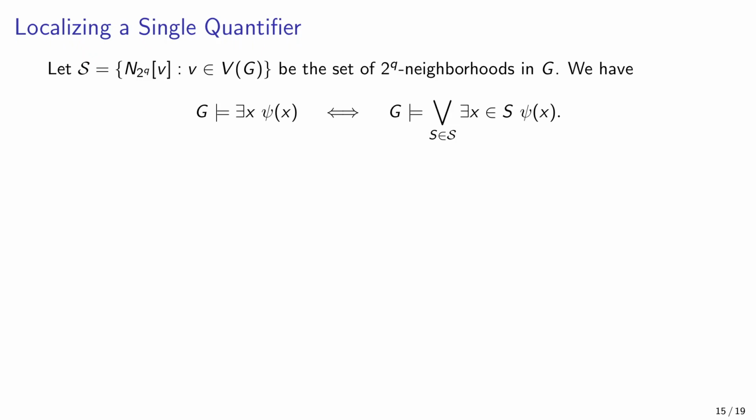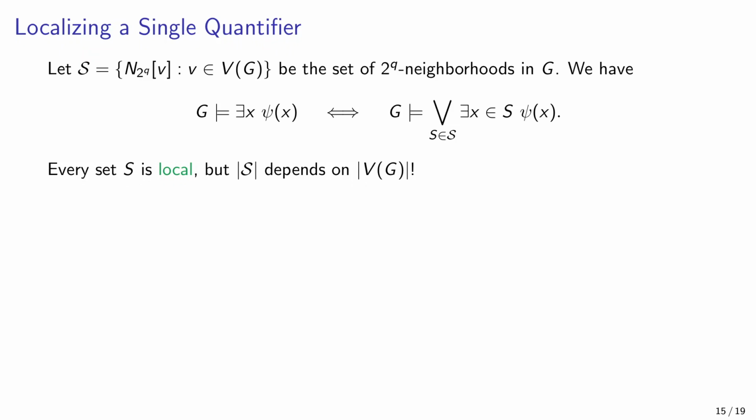What we can do is we can enumerate all the possible 2^q neighborhoods inside our graph, and we can write our formula as a disjunction of guarded quantifiers and put one disjunct for every possible neighborhood. And since we know that the x we are searching for has to be in some neighborhood, this formula will be equivalent, and every quantifier will be guarded by a local set.